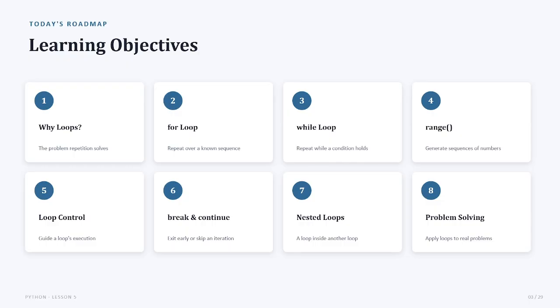Then we will move to the while loop. We will compare for and while. We will also learn two very important loop control statements, break and continue. Finally, we will look at nested loops and solve several programming problems.